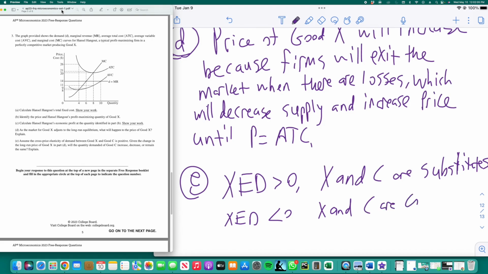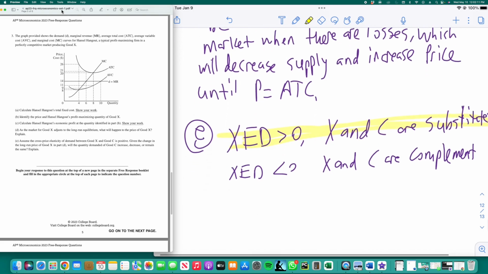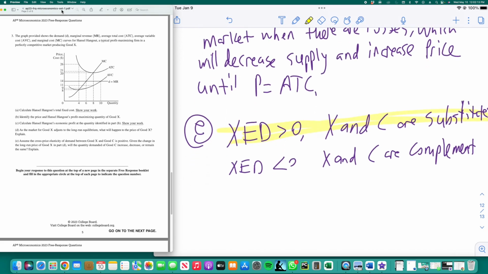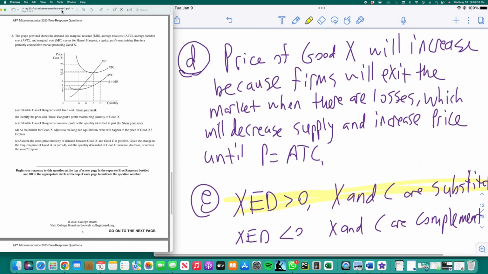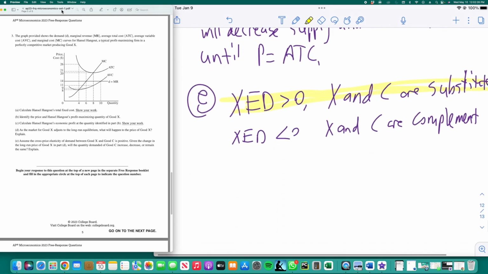But because it is a positive number, they're substitutes. So what happened to the price of good X? As we just saw, the price of good X will increase. If the price of X goes up, do you buy more X or less X? You're going to buy less X because it's more expensive. If you're buying less X, what happens to your demand for C? Your demand for C will go up because they're substitutes.